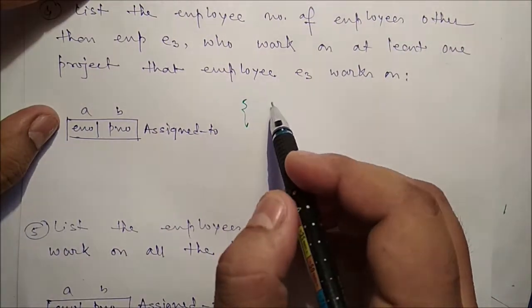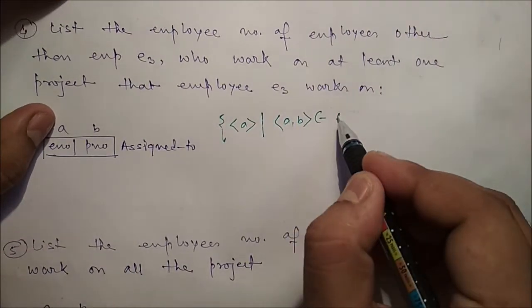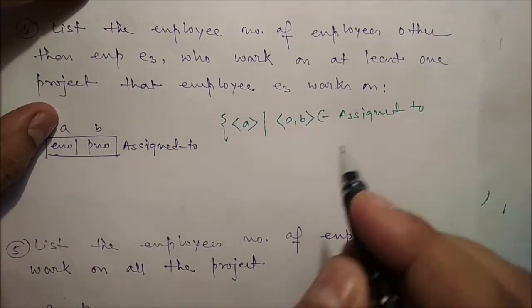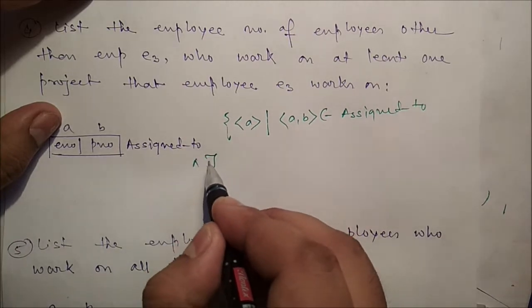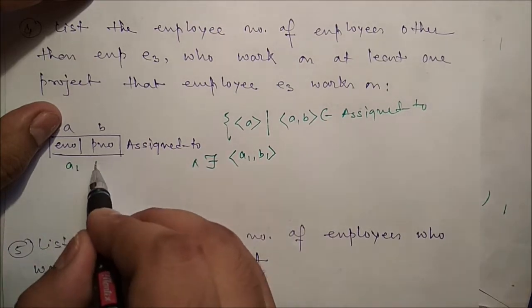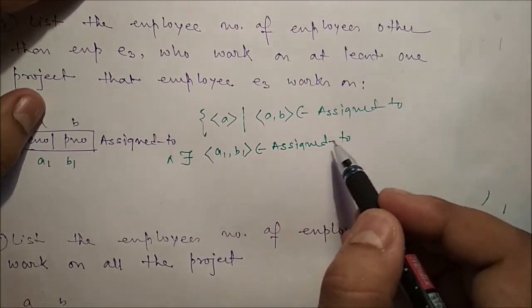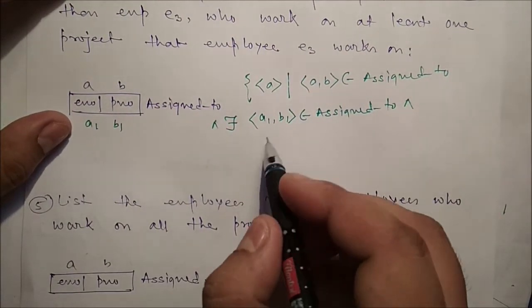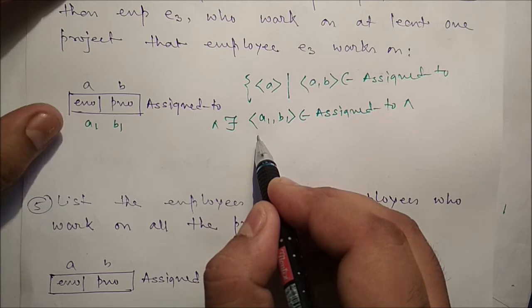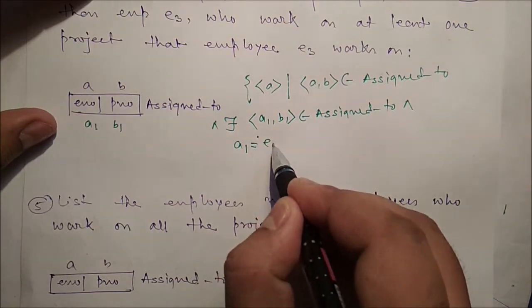So we need only A, where A and B belong to assigned to, and there exist some A1 and B1, both belonging to assigned to, and A1 is equal to E3.